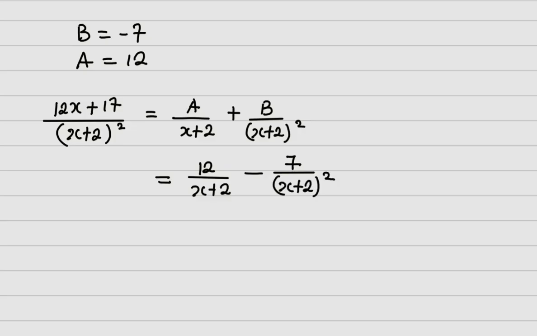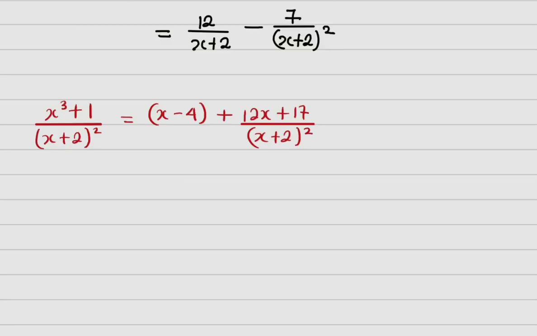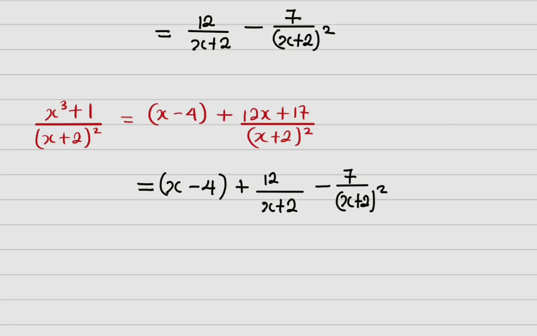So I've succeeded in dealing with this partial fraction. But recall, to actually work out this question and finish it completely, we are going to replace our worked partial fraction, so that it is going to be x minus 4 plus 12 all over x plus 2, then minus 7 all over x plus 2 all squared.